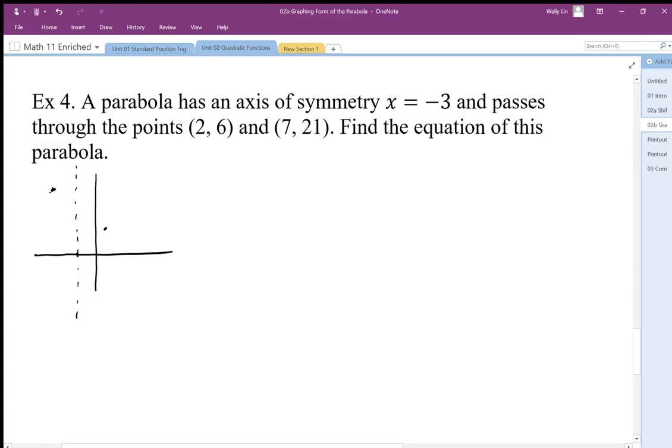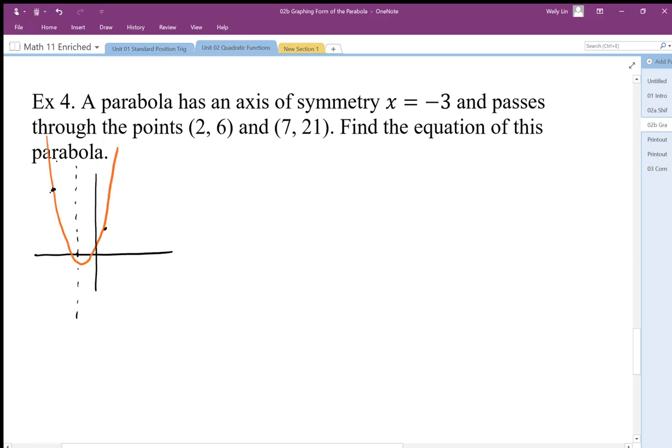Okay, so at this point it's hard to tell if this is upside down or right side up. I haven't graphed this very accurately either. We could hypothesize that the graph looks something like that. Okay, it's really hard to tell though.